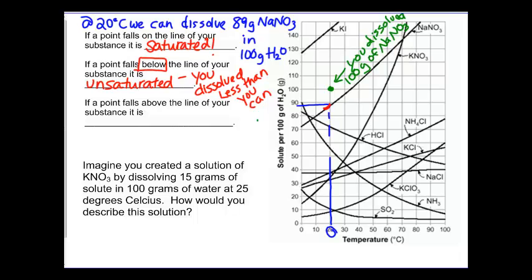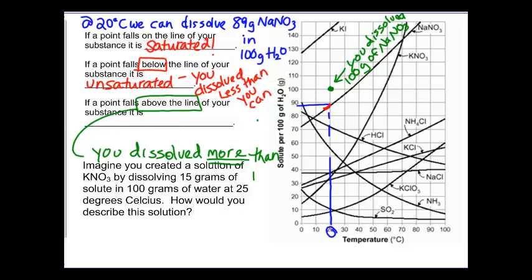You've dissolved more than what you can. And if you're above the line, that means you dissolved more. And yesterday in our quiz, we called it, if you dissolved more than is possible, supersaturated.